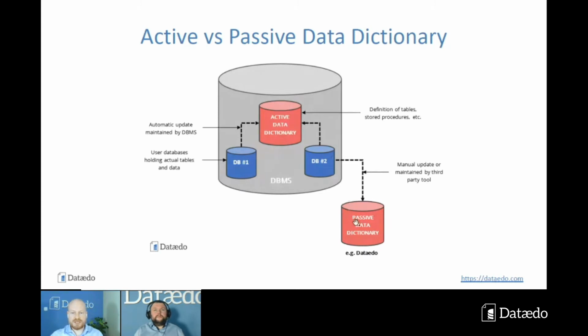And that's not the case with a passive data dictionary, which is any other kind of data dictionary. I'll tell you more about tools, but let's say you have a tool like Dataedo that scans your database's metadata and allows you to build it. The tool itself needs to make some effort, some action, to actually get the data in sync, while the database engine doesn't allow these two to get out of sync.